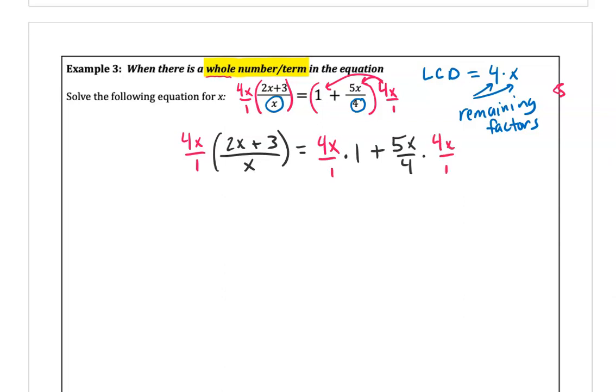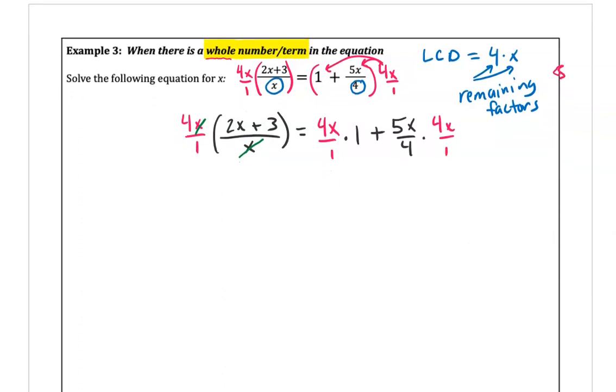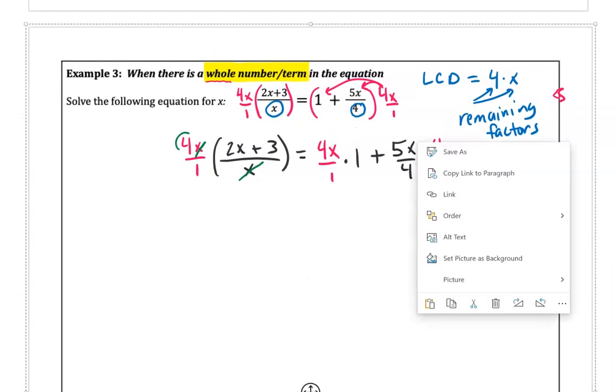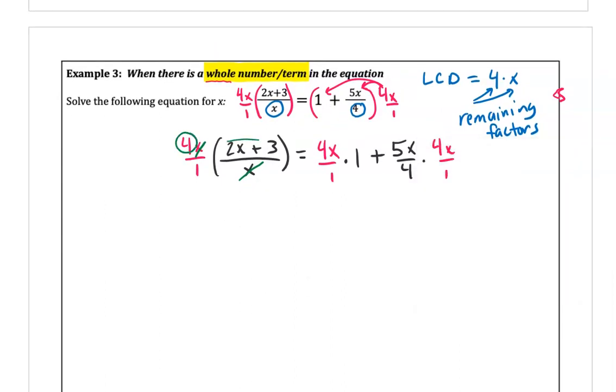then I end up with these three expressions. With the first expression, I notice I can divide out a common factor of x from the 4x and the x in the denominator here. And I'm just left with 4 times the quantity 2x plus 3. With this whole number part, I noticed there was no denominator, so nothing cancels.